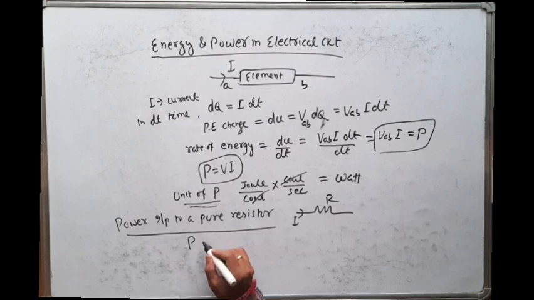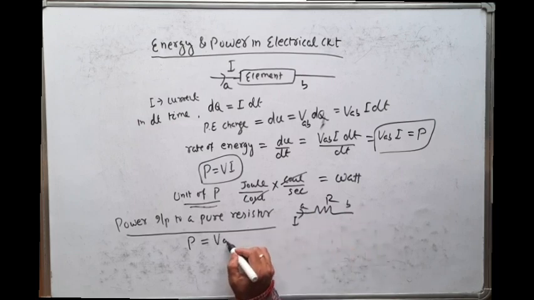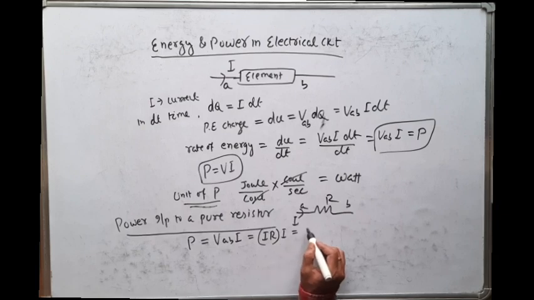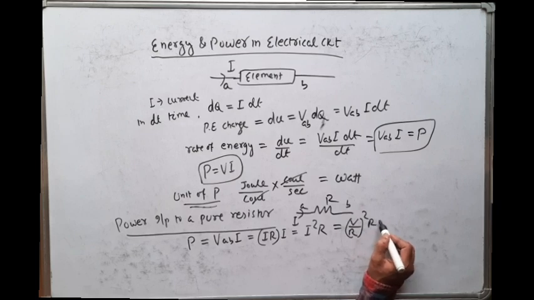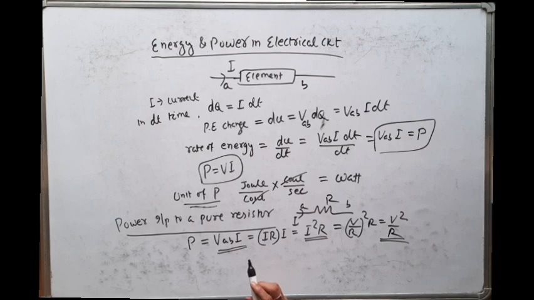Suppose this is A terminal, this is B terminal, that is VAB, the potential difference, into current. VAB is nothing but I into R, into I. So power is equal to I square R. Again I can say I is equal to V by R, whole square into R, that is V square by R. So we can say power is the product of voltage into current, or I square into R, or V square by R. Any formula we can use.